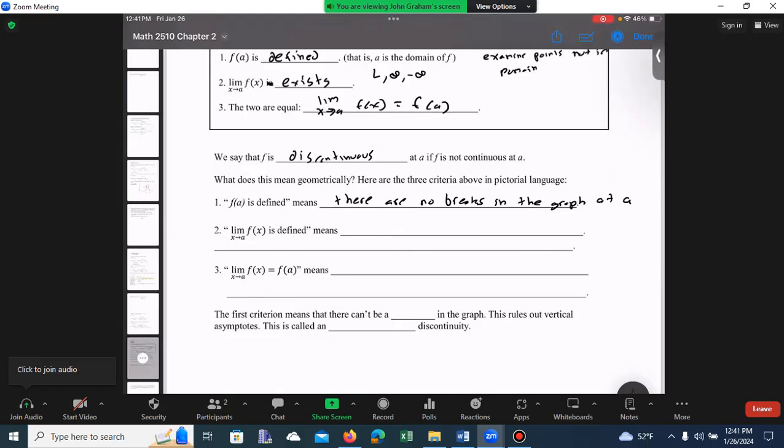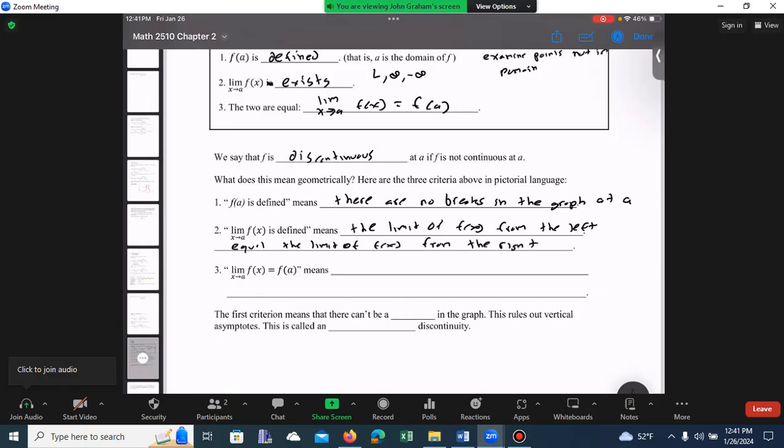The limit existing means that the limit of f of x from the left equals the limit of f of x from the right.